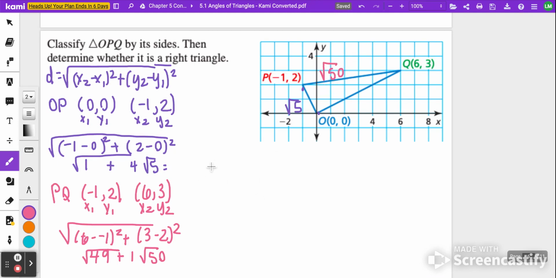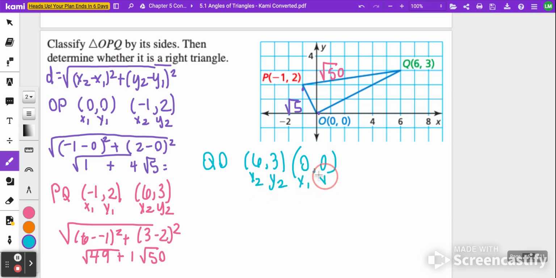I would do that same thing for the segment QO, and that is 6, 3 and 0, 0. So I'm going to say that these are my x2, y2 since they're bigger, and these are my x1s, y1s.